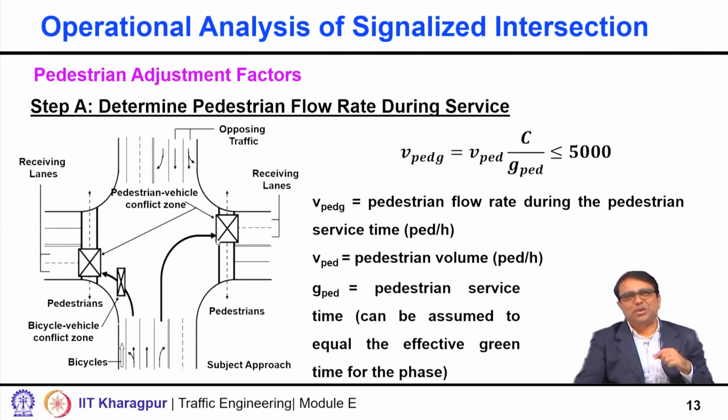Now, going back to our own example problem, which we started in the last lecture. So, we continue with that. Here we have to also do, I am sorry, this is not that example problem, but now we are talking about the pedestrian adjustment factor.